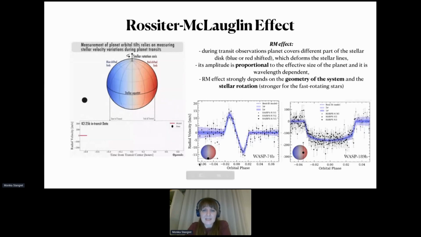And thanks to the study of this effect, we are able to tell something about the geometry of the system. But unfortunately, this effect also appears only during the transit. And in many cases, this signal covers part of the regions where we expect the signal coming from the planet. But I will show you later why this effect is really important.